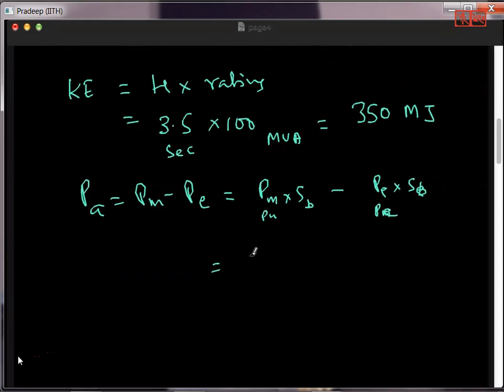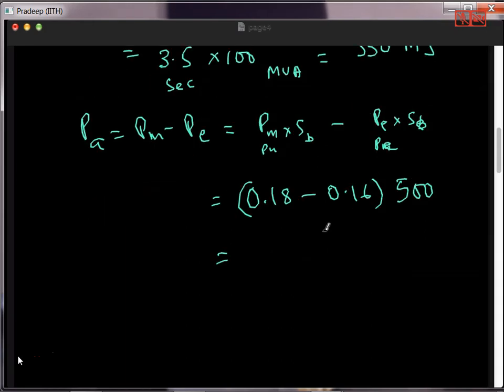So I'll get 0.18 minus 0.16, whole multiplied by S base, which is 500. So this is 0.02 multiplied by 500. So you'll get 10 megawatts. So 10 megawatts of accelerating power is there.